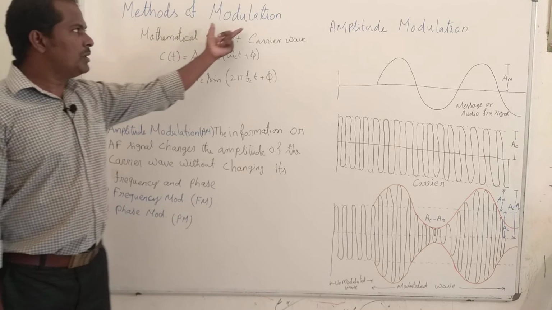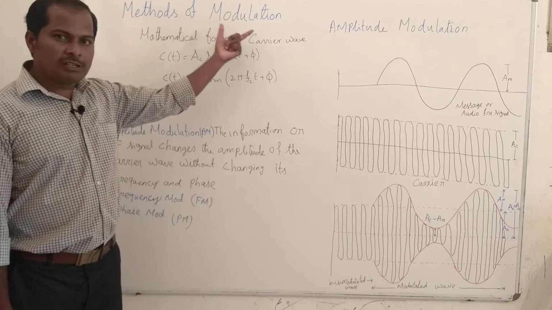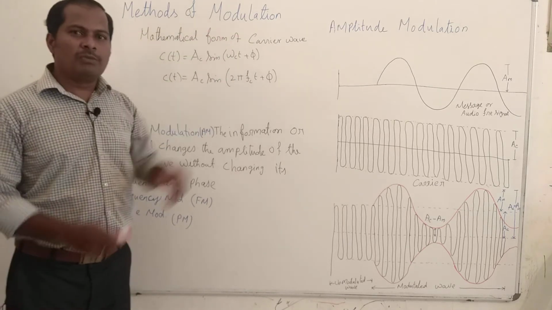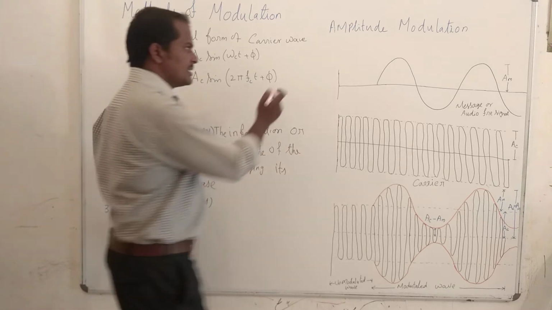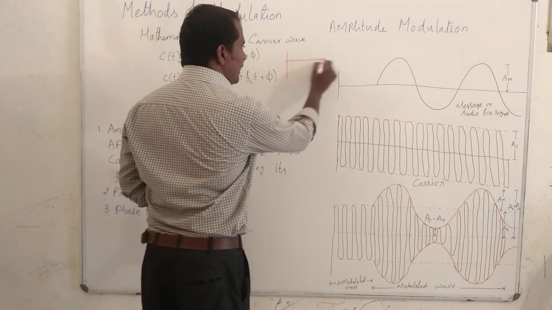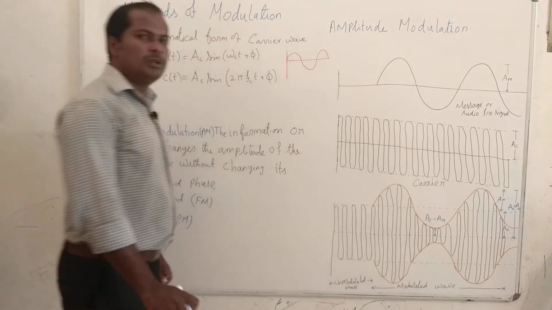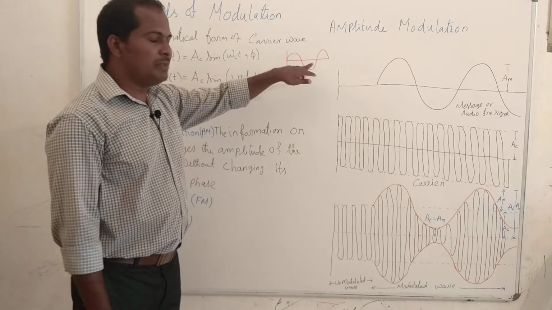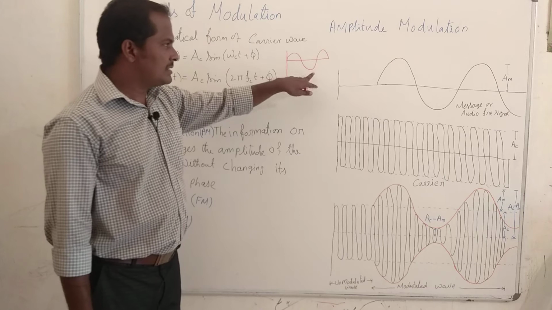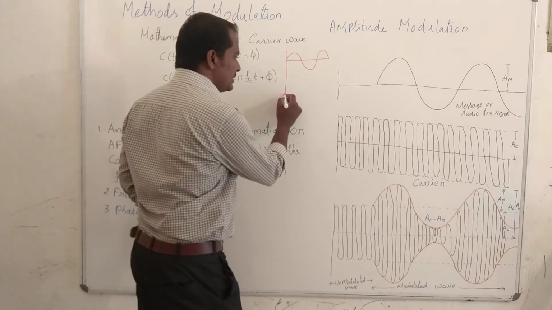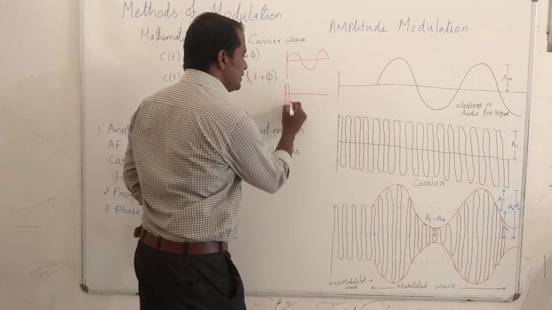Before we discuss the methods of modulation, what is the definition of modulation? We already discussed this in the last class. The incident sound, a low frequency baseband signal, is mixed with high frequency radio waves.